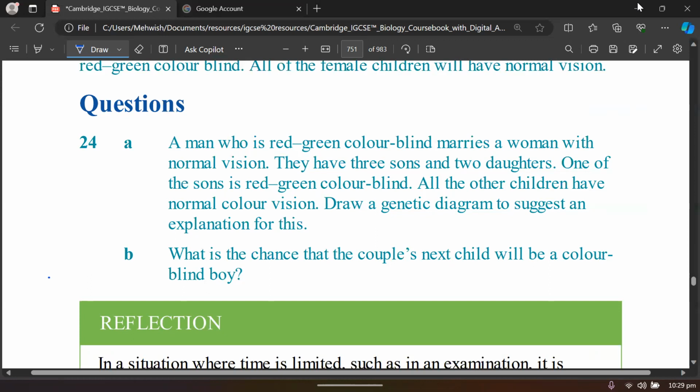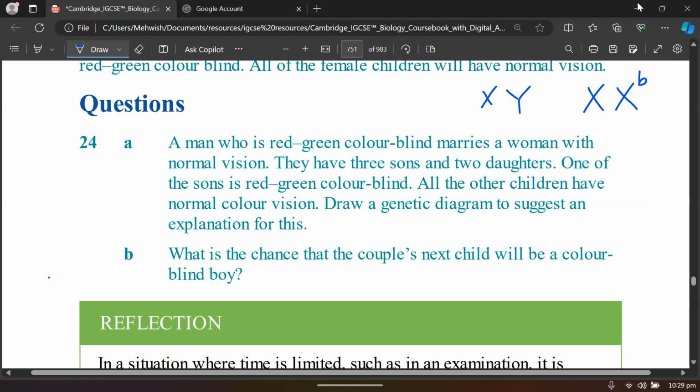So, what should be the genotype of the father and mother? The father is XY and the mother is XX, right? They had five children, three sons and two daughters, and one of the sons is colorblind. Why? The son is colorblind because of the mother. So the mother must have one recessive allele.